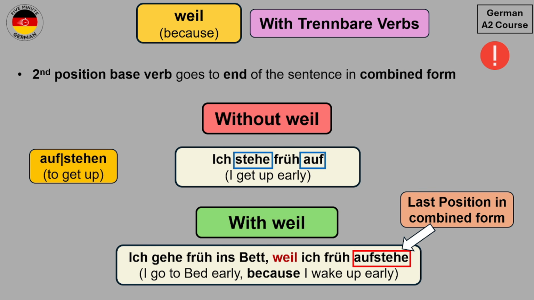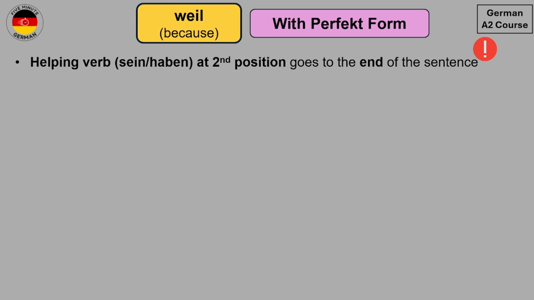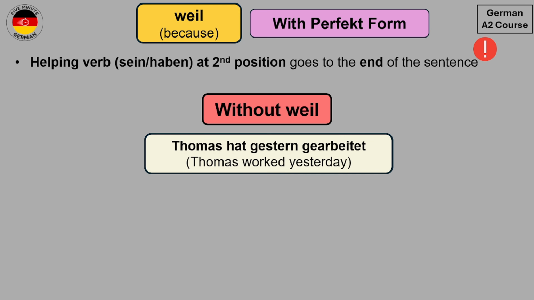Then we have one more type, which is the perfect form. So if we use weil with the perfect form, then in this case, the helping verb, which is sein or haben at second position, goes to the end of the sentence. So here we have an example of a sentence in perfect form without weil, which is Thomas hat gestern gearbeitet. Thomas worked yesterday.